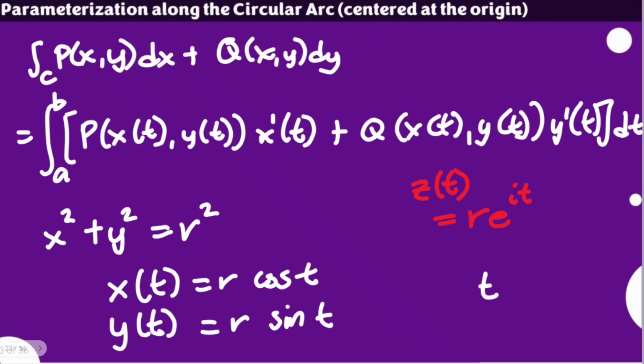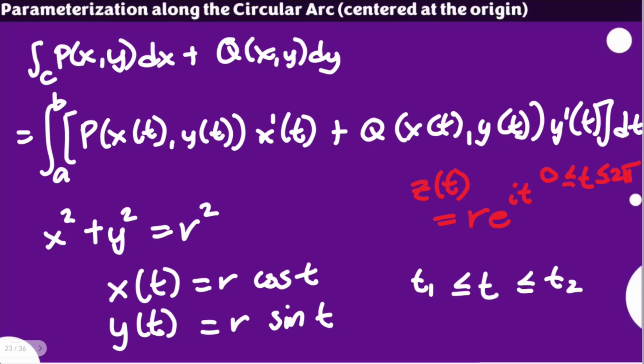And this t is between your endpoints, t sub 1 and t sub 2, on your path. Unlike in our complex line integral, where we really had 0 to 2 pi, for the real line integral there are also cases where the path is not a complete circle.